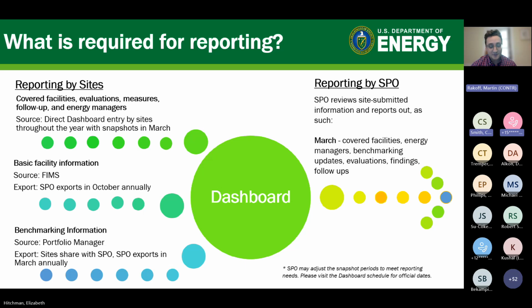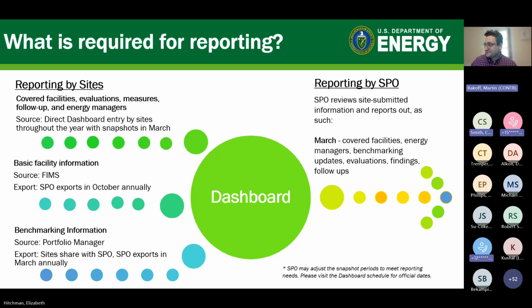And then there's benchmarking information from Portfolio Manager, where sites share with us and we export in March annually. So all of this goes into the dashboard and then I go through it, look for errors, translate it to the correct format, and report it into CTS.